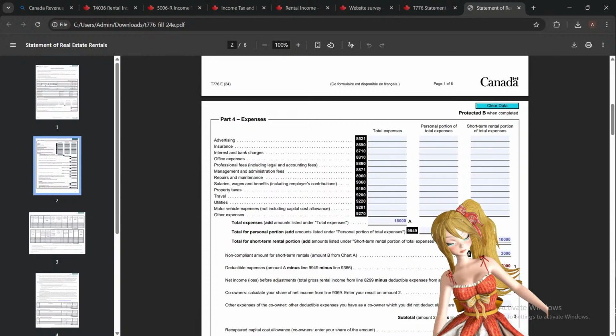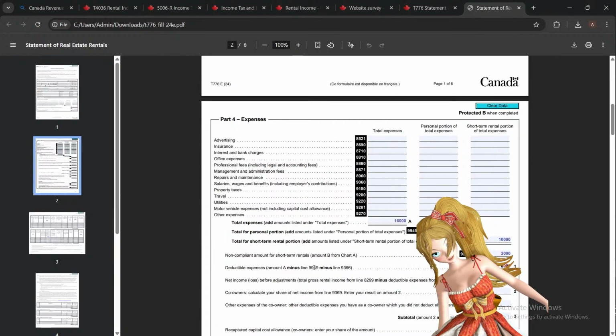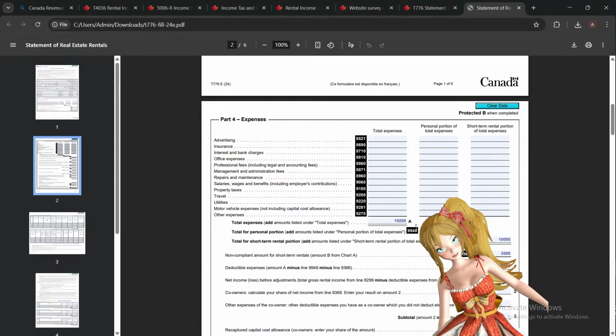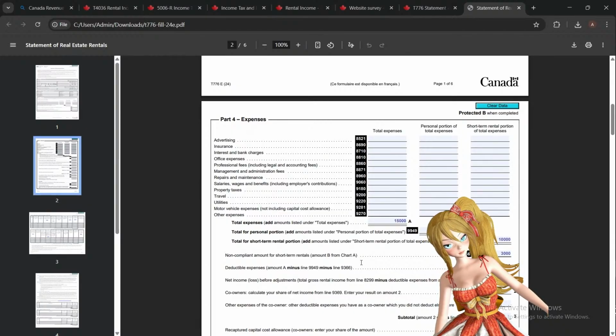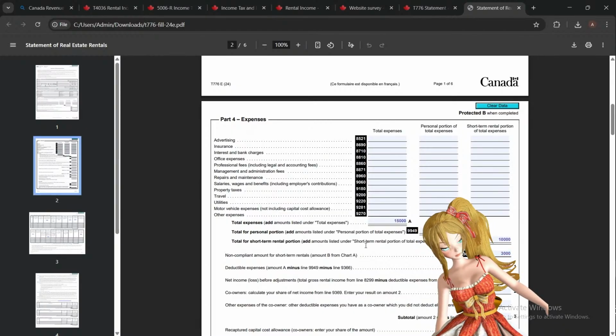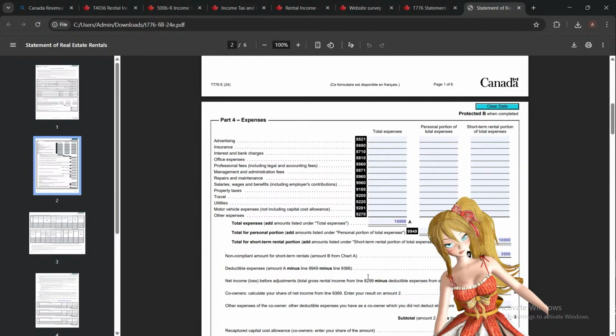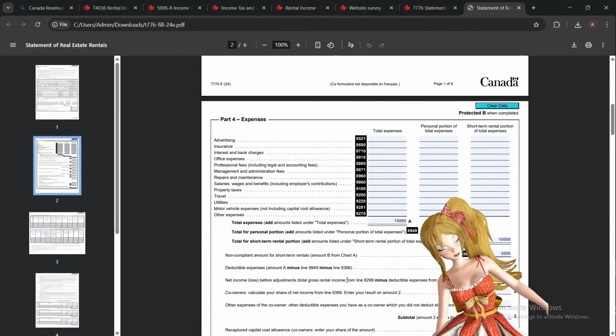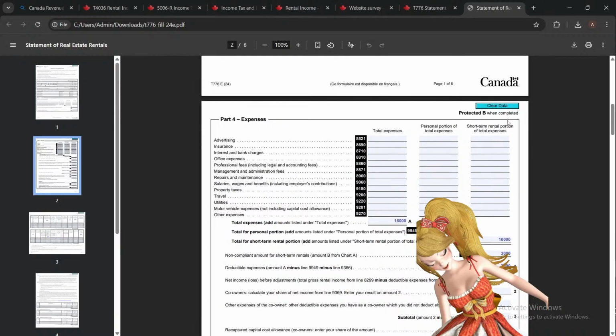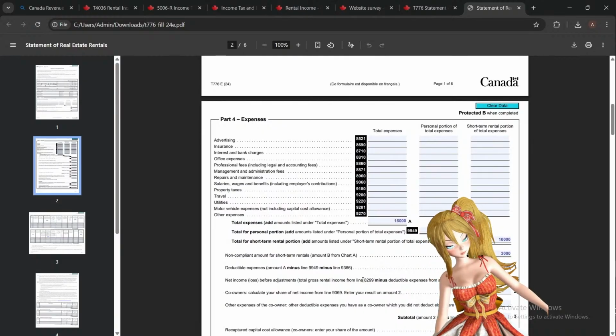The deductible expenses would be only $15,000 minus my own room, minus the deductible, $7,000 deductible. The net income would be my total income minus 7,000.